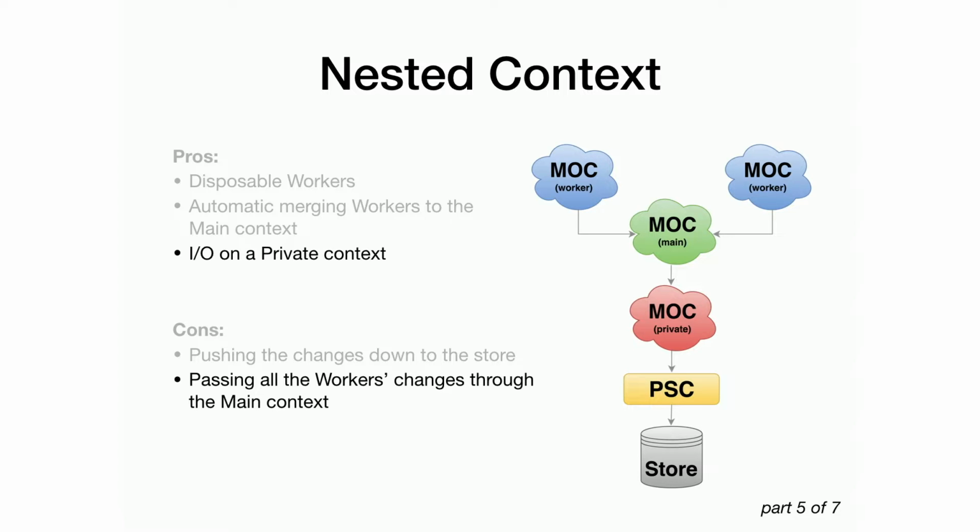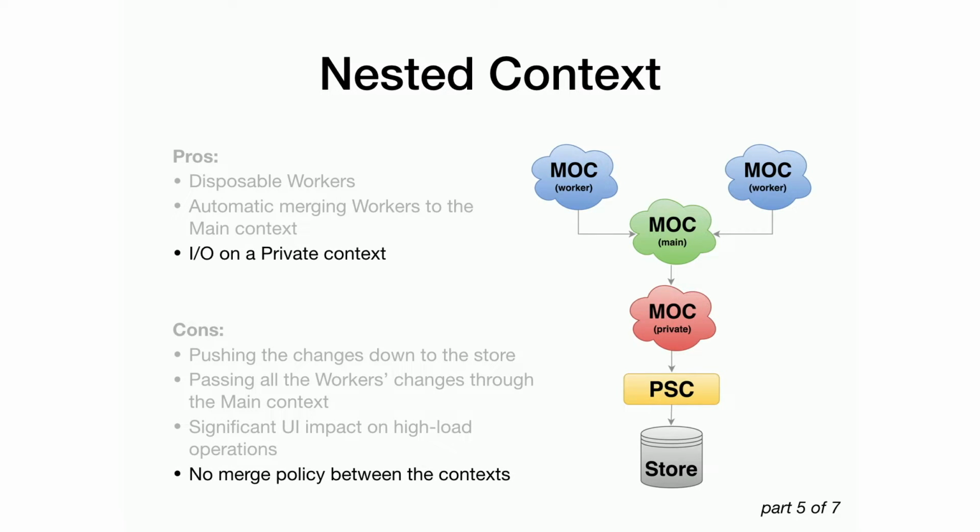So every time we store or fetch some data from the store, we have to pass everything through the main context. For some high-load operations, it can have a huge impact on UI. It can be visible: the UI just starts freezing from time to time. And we don't have merge policy on the context level. So if we have some conflicts between the child context and the parent context, everything is merged only with the priority of the child context. No options here.